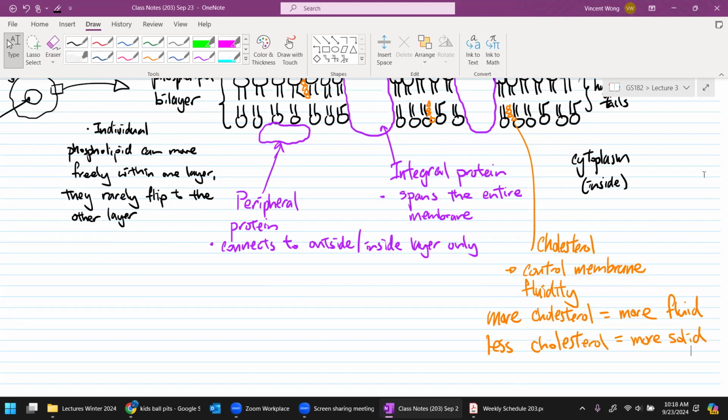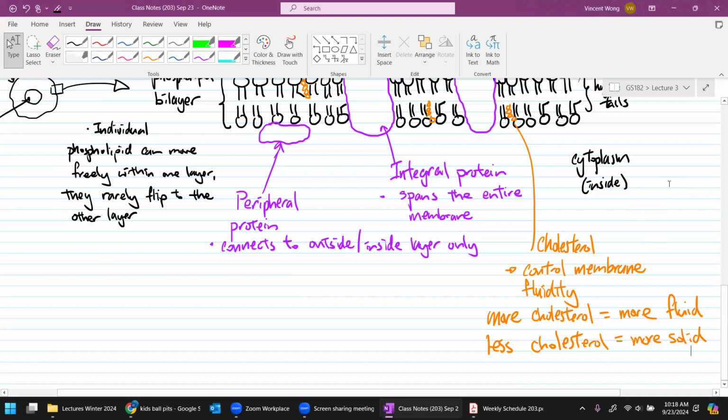Similarly, if you are talking about a membrane from a plant that grows in a very cold environment, you would want it to have more cholesterol. Because if it's very cold, then it tends to freeze up and become more solid. We don't want it to become more solid because then nothing can go through. So those plants, their cell membrane would have more cholesterol. We'll talk more about that next class.